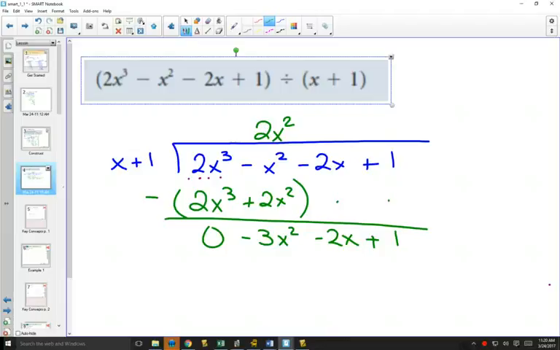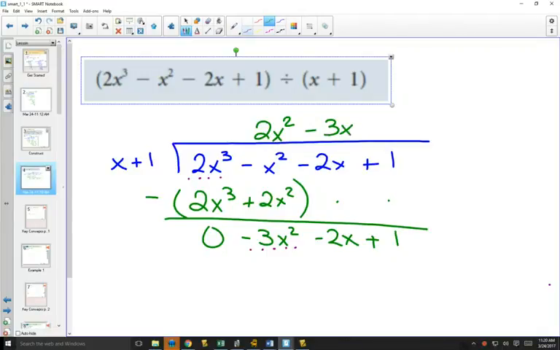Now we can underline our first term. And now ask ourselves, is there something we can multiply x plus 1 by to get negative 3x squared? Yes, we'd have to multiply by a negative 3x.